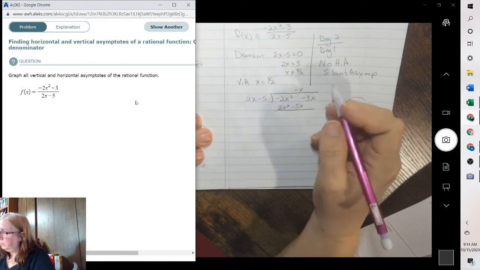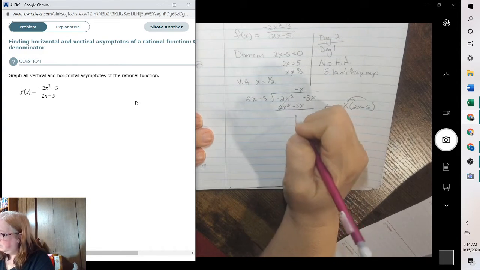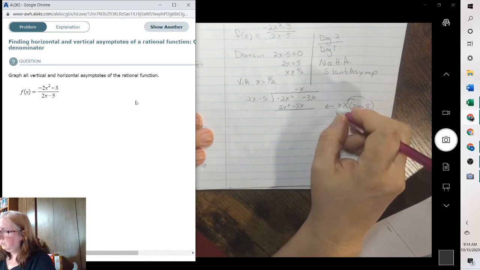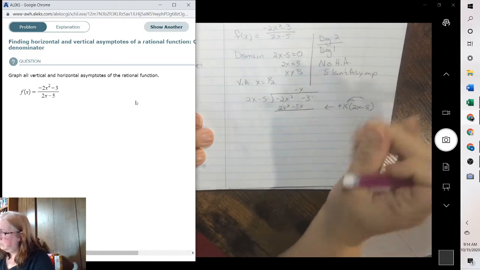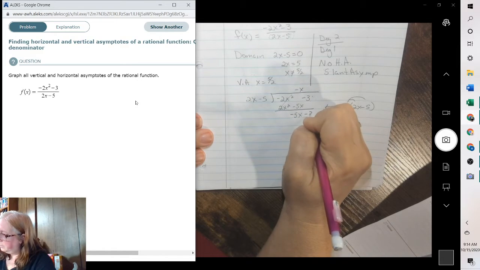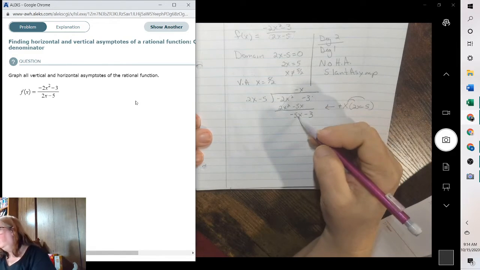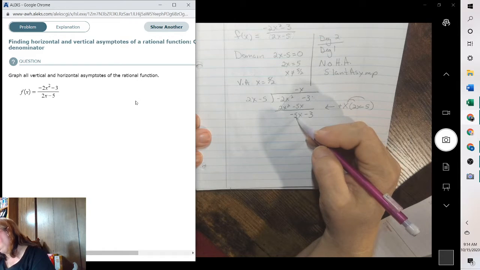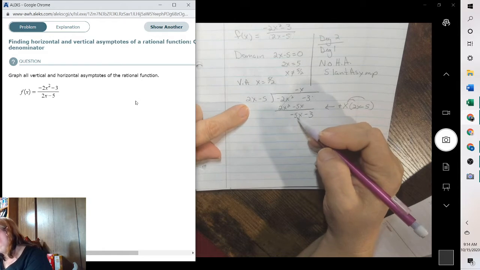These cancel and leave negative 5x minus 3. What would we need to multiply 2 by to get a negative 5?